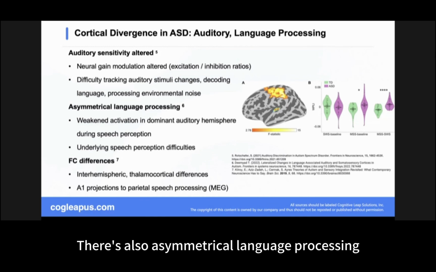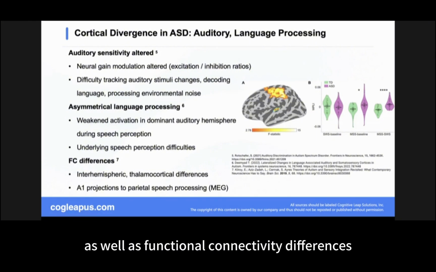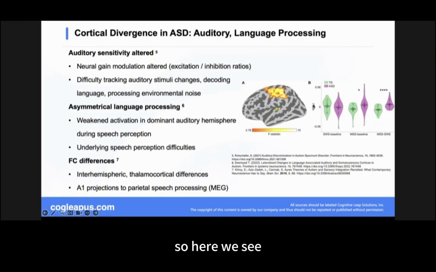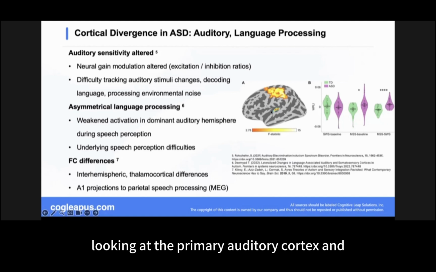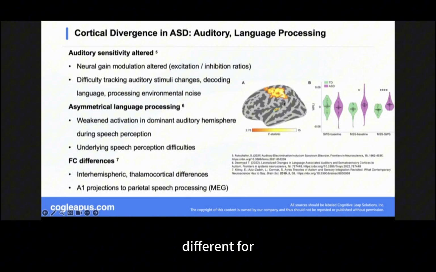There's also asymmetrical language processing, so weakened activation in the dominant auditory hemisphere during speech perception, as well as functional connectivity differences. So here, looking at the primary auditory cortex and projections to the parietal speech processing, it is different for neurodivergent individuals.